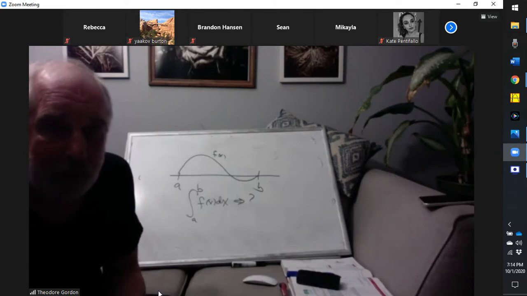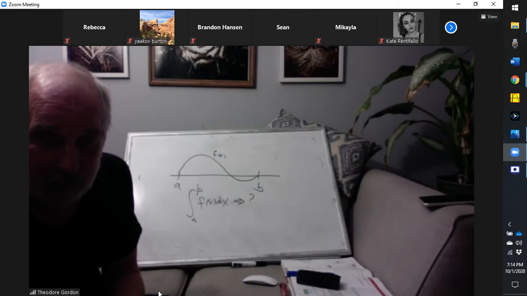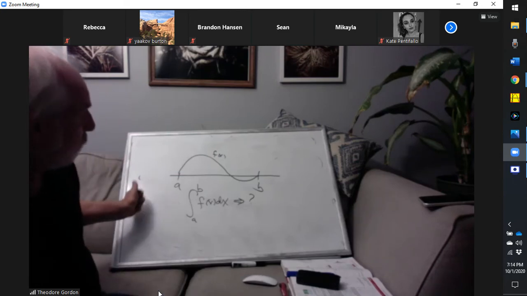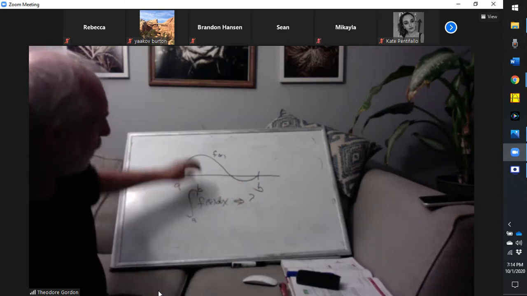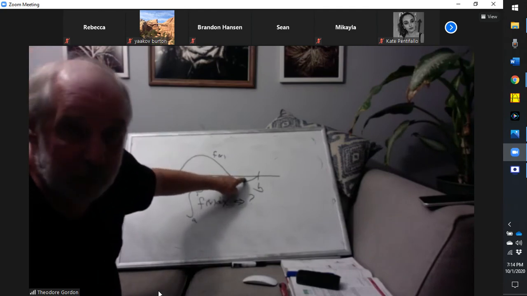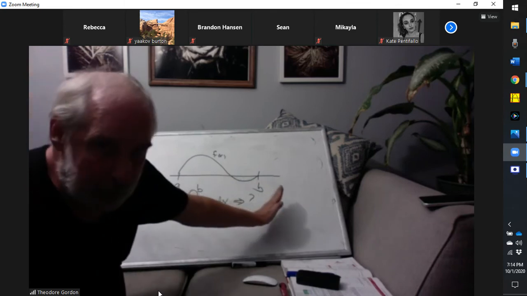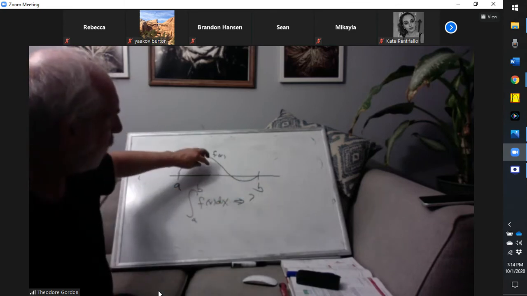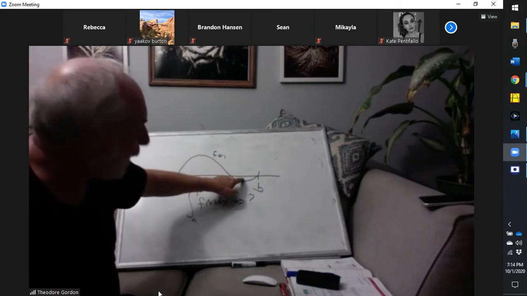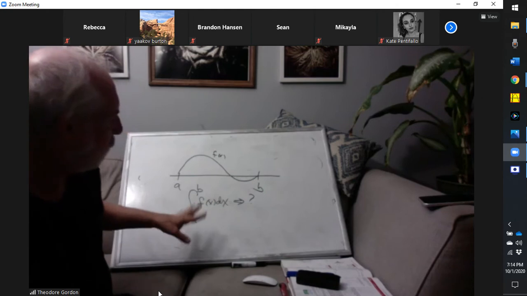We get a positive number because there's more positive area than negative area. That's right. When we integrate from left to right, area on the top comes out positive, area on the bottom becomes negative. So if we integrate straight through from A to B, our answer would be this positive area minus this area. So we would get a different answer than if we broke it up.